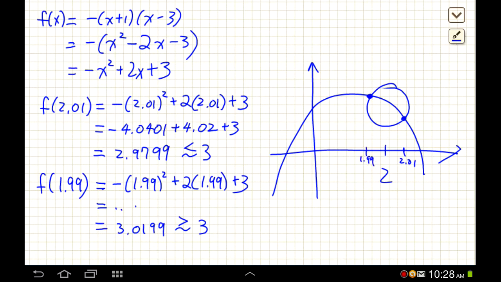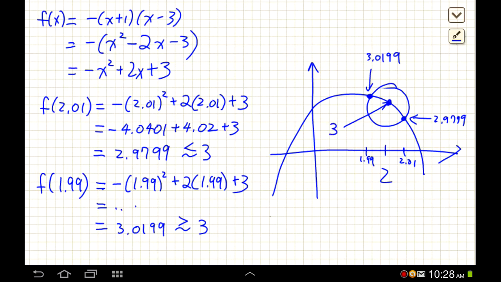You can see that the y value here is 2.9799, and the y value here is 3.0199. Which hints to us that if we were to find the limit as x approaches 2, then the f of x value should approach the value 3.